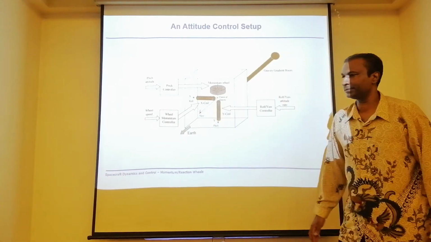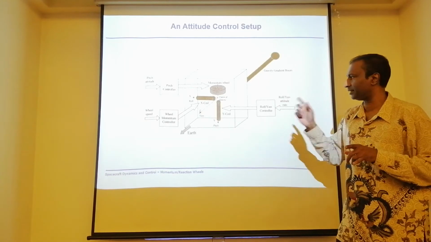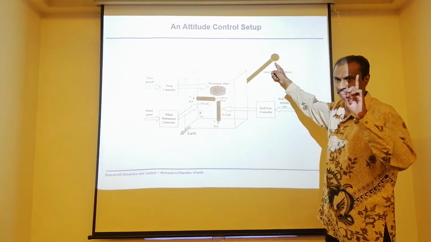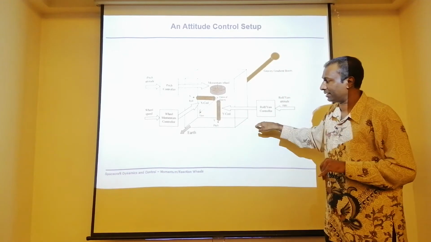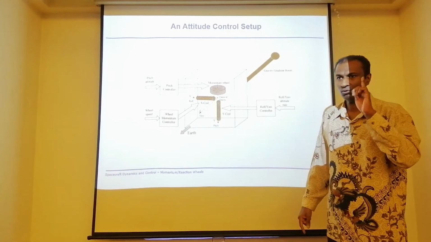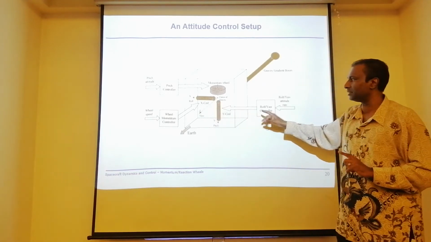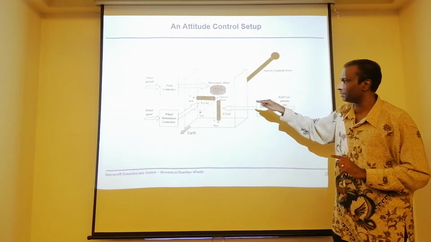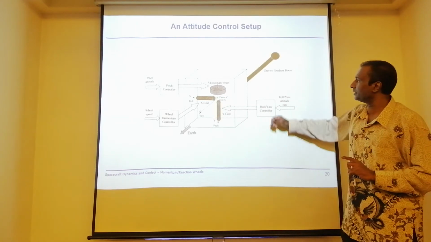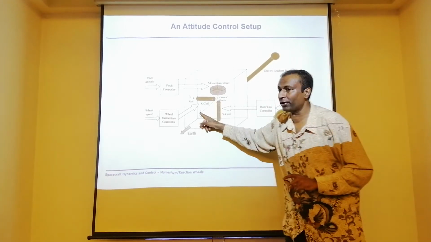Now, I have combined all those actuators that you have learned here. Gravity gradient boom. More important in this whole diagram is to look and observe the axes that I have picked to install each device. Look at my boom and your axis.